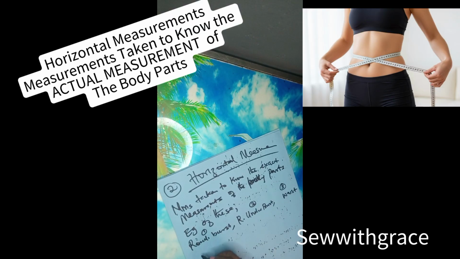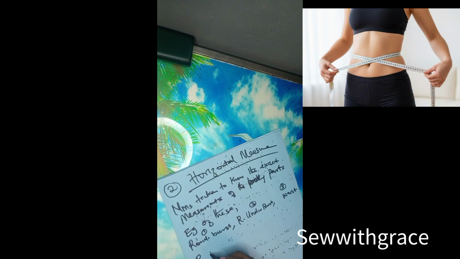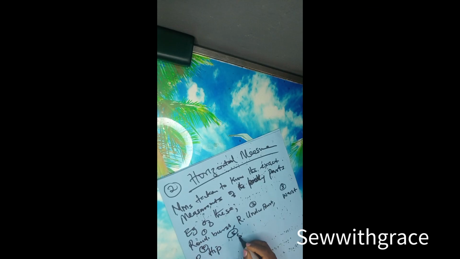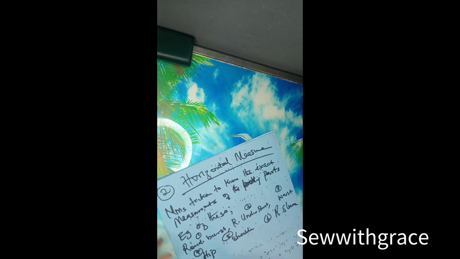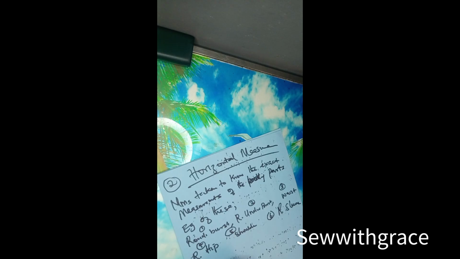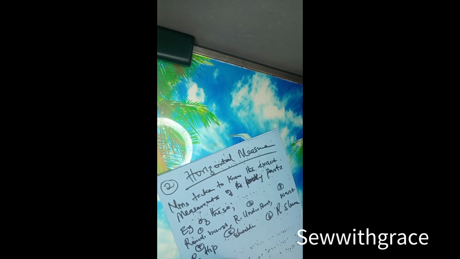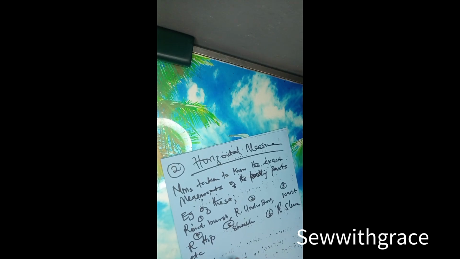Then the hip, that's round hip. Then you have your shoulder. This is number 4. 5, this is shoulder. And 6 is round sleeve. That's your sleeve. And we have many of them, so let's put etc. here.